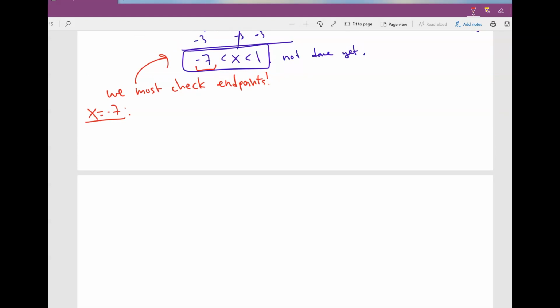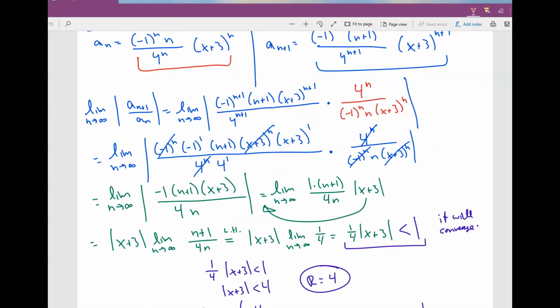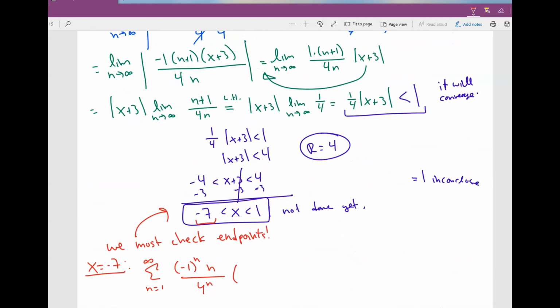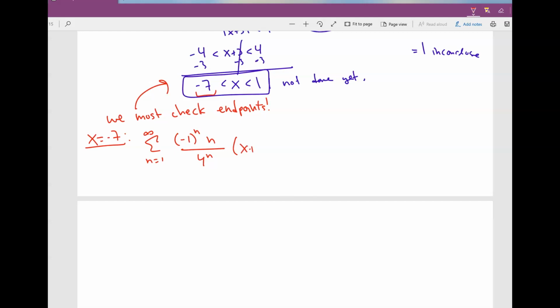So we know the summation from n goes from 1 to infinity of -1 to the power of n divided by 4 to the n of, what was it, x plus 3 to the n. Now we're going to plug in -7 in there.